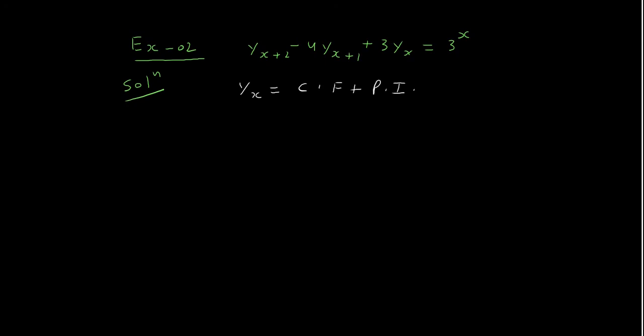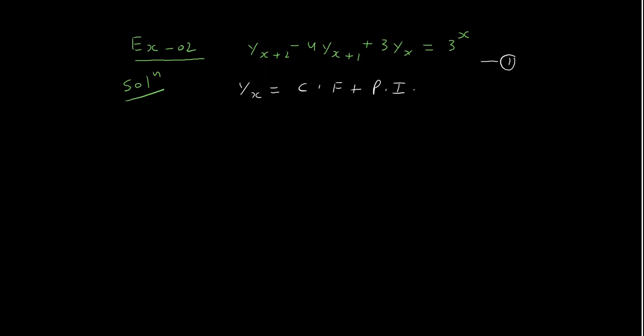As in the previous example, we already found the value of the complementary function. To find the complementary function, first you write the given difference equation in the standard form of a linear difference equation with constant coefficients.